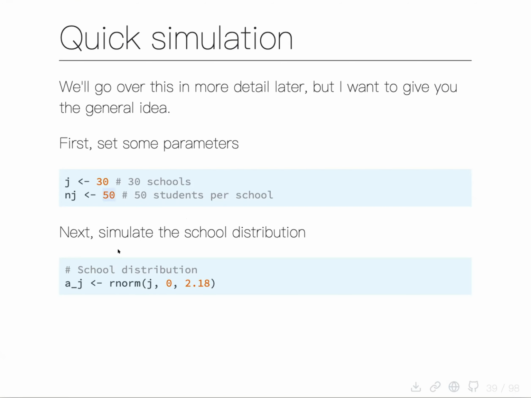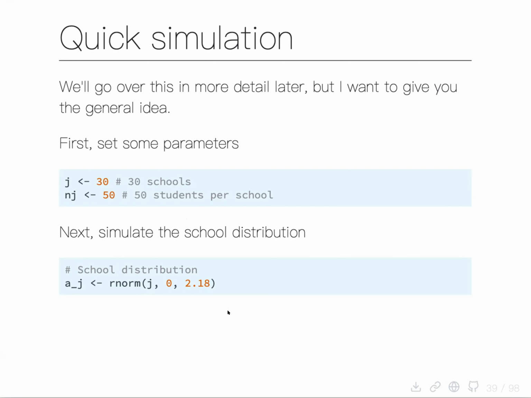Then we're going to simulate the school distribution. There's a couple of different ways we could do this. We could start with the fixed effects in here. So let's say we wanted the intercept to be 58. We could say rnorm(J, 58) with some standard deviation. But here, I'm going to do it the opposite way. I'm going to put the fixed effects at the first level.